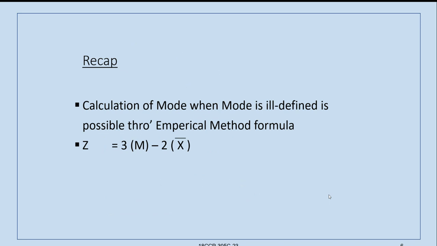When the frequencies are repeated, the middle frequencies are repeated, in which modal class interval lies, or there is no much gap between the class interval frequencies, that is highly concentrated at one particular point where modal class interval lies, then it may be called as bimodal or multimodal classes.